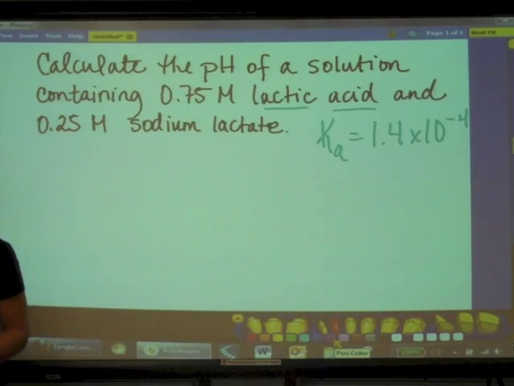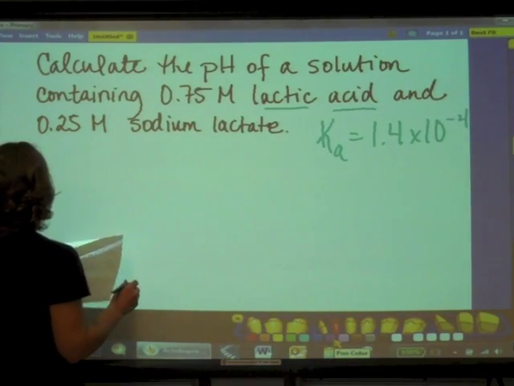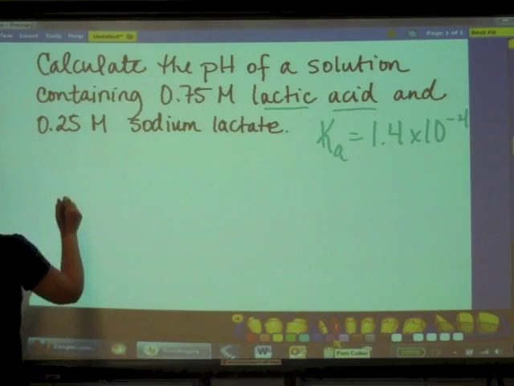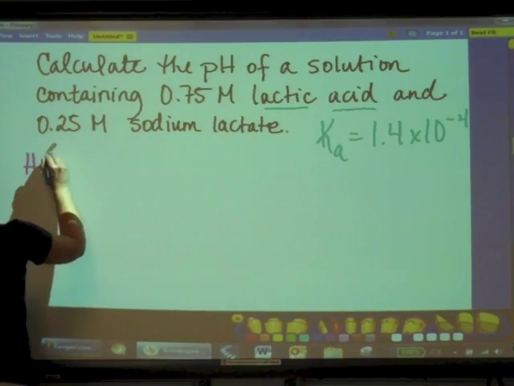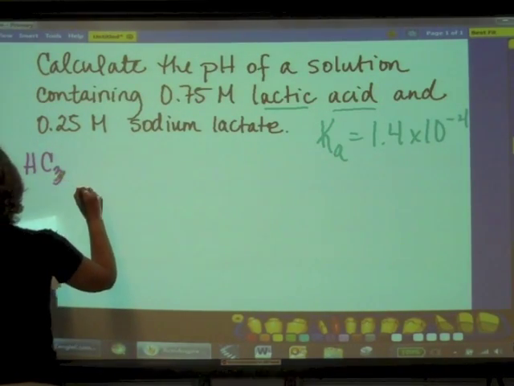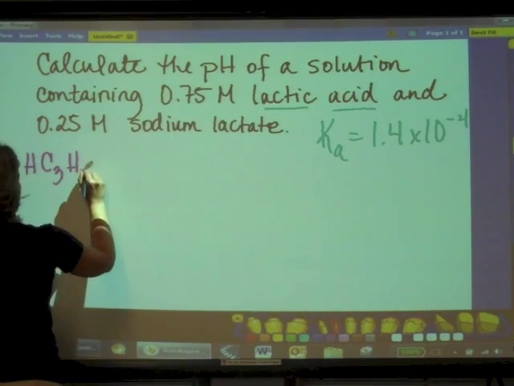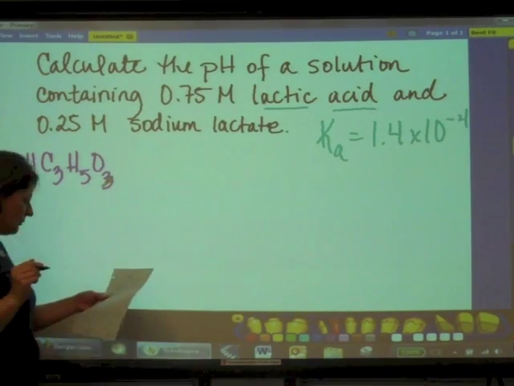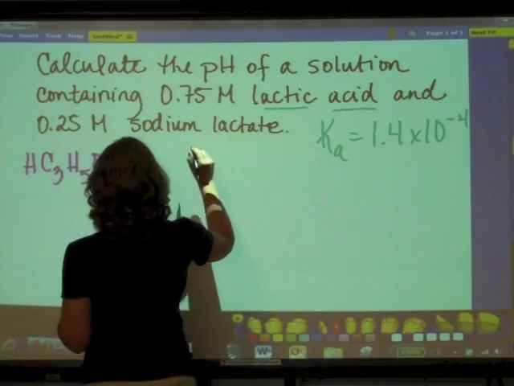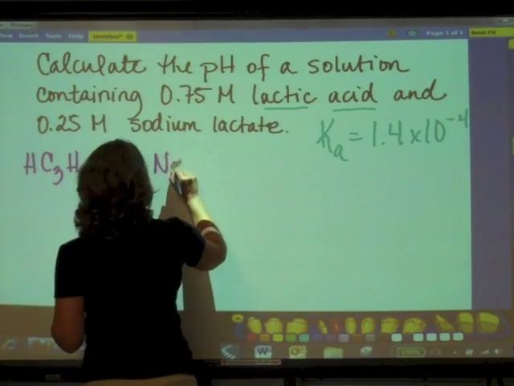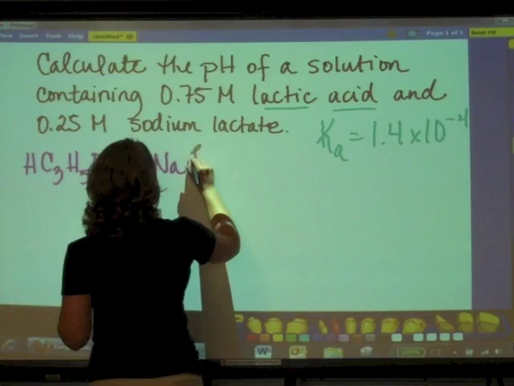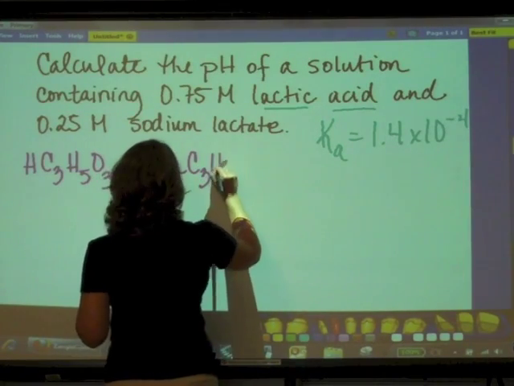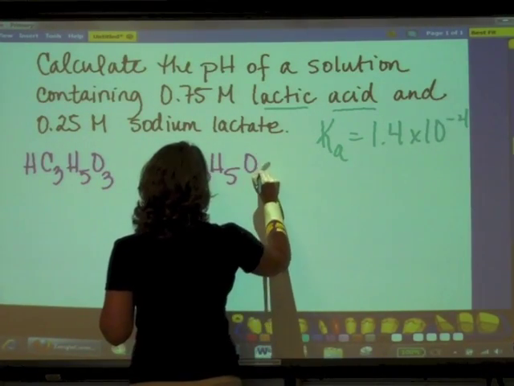I'll give you the formulas. Okay, so we've got lactic acid, which is HC3H5O3, and then we have the sodium lactate, which is NaC3H5O3.